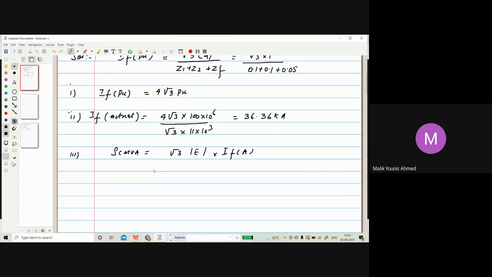So that is under root 3 into 11 by under root 3, because we are in line, into IF is 36. So let us have here kiloamps, 36.36. This is in kiloamps. So short circuit MVA will be 400 MVA.